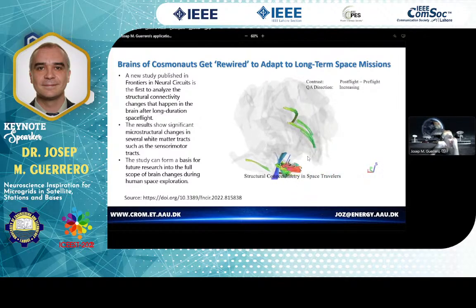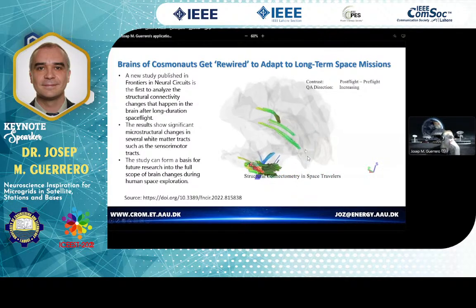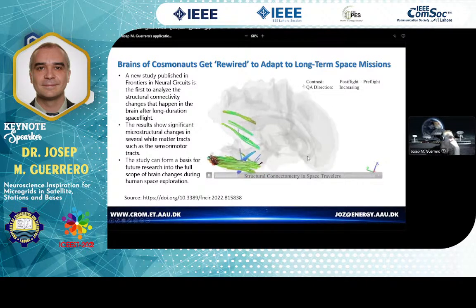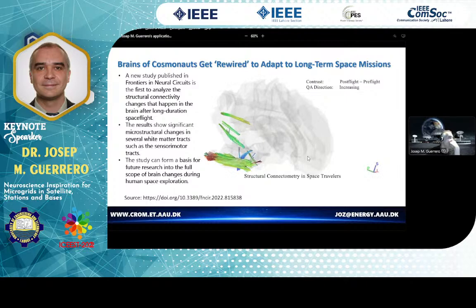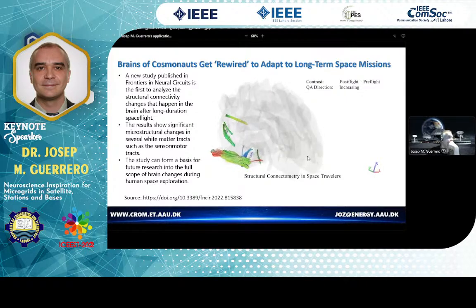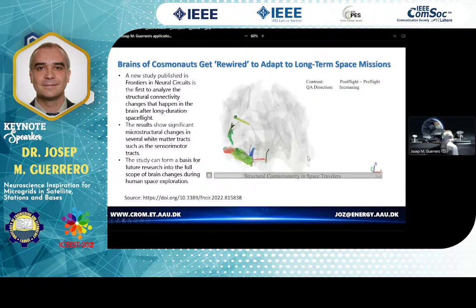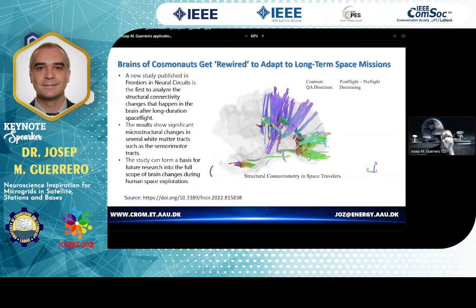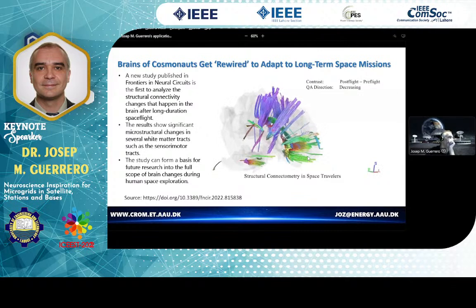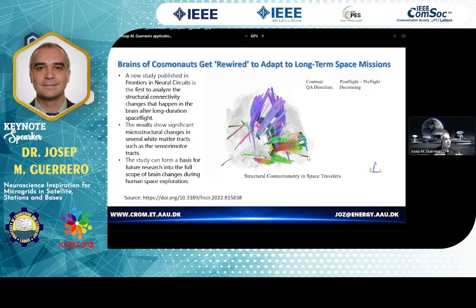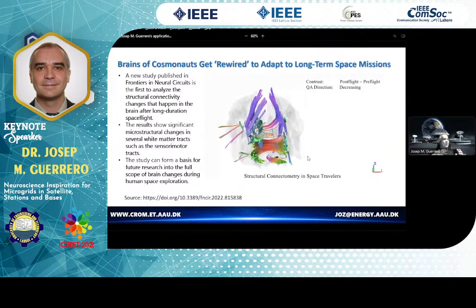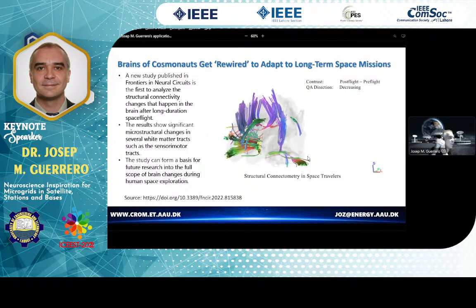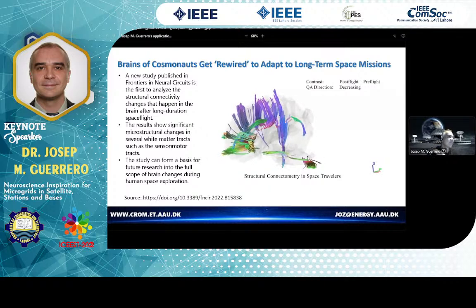So the results have shown significant microstructural changes in several parts, especially in the sensorial and motor, say sensory motor part. So we can see really a new generation of brains when it comes to human space exploration.